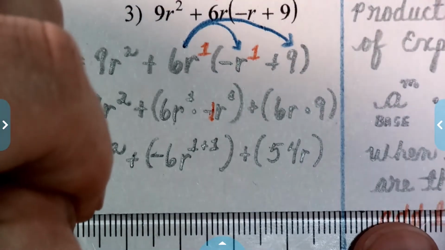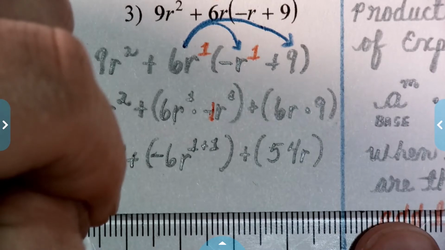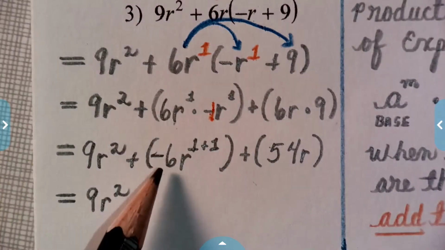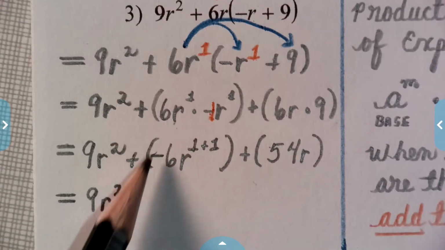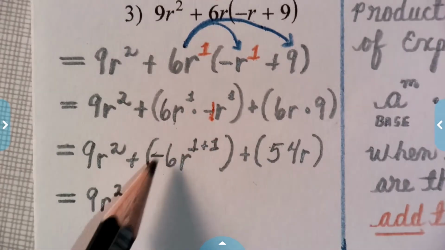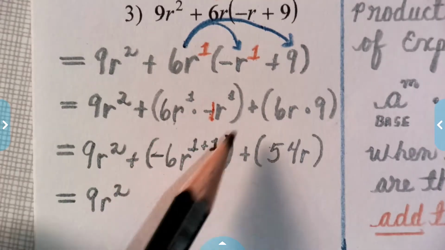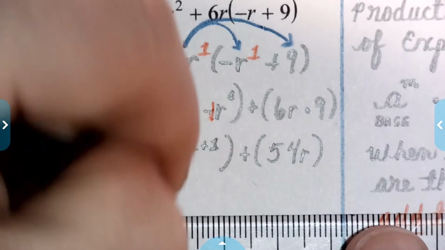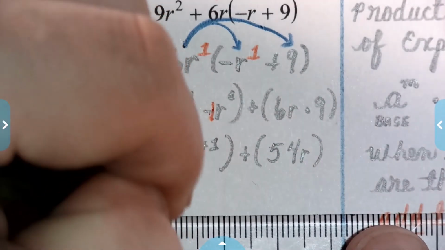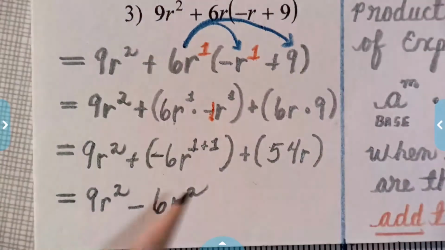9r squared still hanging out alone, but not for long. Okay, now 1 plus 1 is 2, so instead of plus and then all these parentheses, I can just write 9r squared minus 6r squared plus 54r.